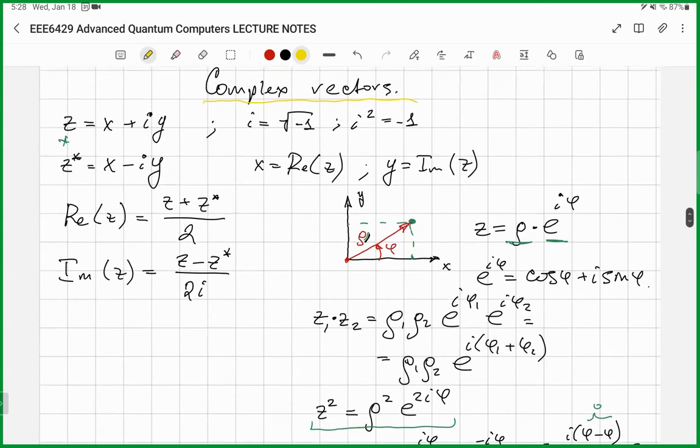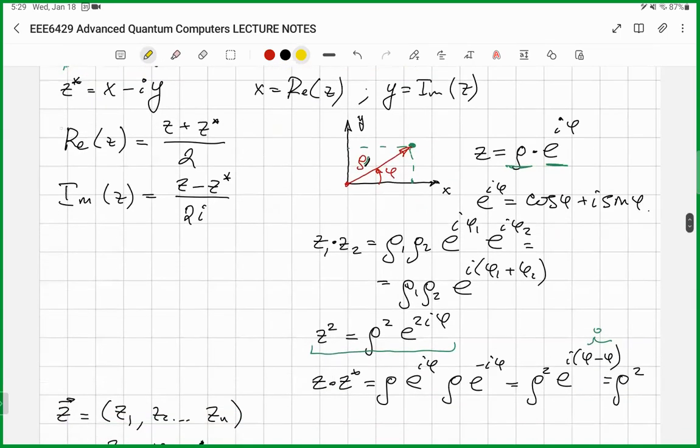So we say that a complex number is a combination of a real number and an imaginary number. An imaginary number is taken as a product with the imaginary unit, which is the square root of -1, so that the square of the imaginary unit is -1.